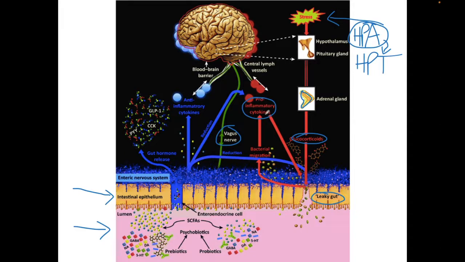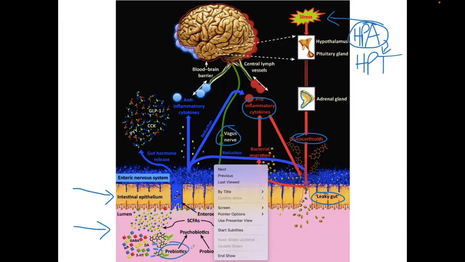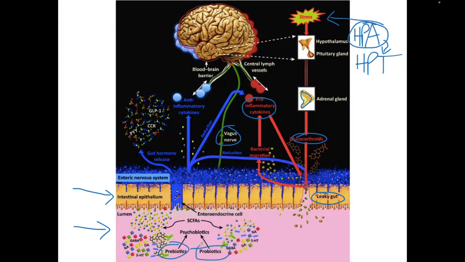And this creates inflammation. Now, you can have good bacteria creating good cytokines, and you can have bad bacteria creating bad cytokines. So as you see down here, good prebiotics and good probiotics, short chain fatty acids, butyrate, propionate, right?